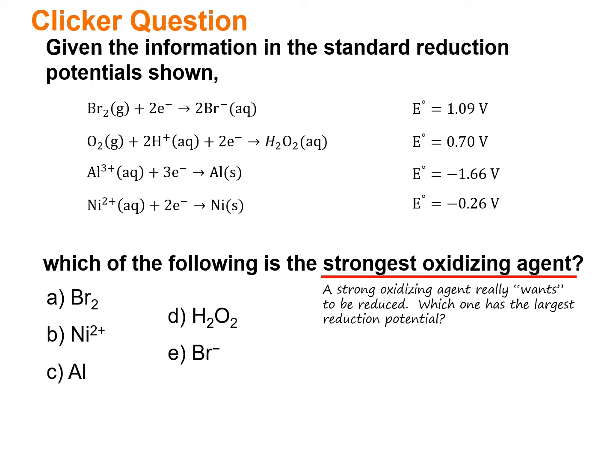Remember delta G is negative nFE, so if something has a really large E, then it's going to help delta G be spontaneous. So if we want a strong oxidizing agent, we're looking for a really large value for the reduction potential. And these are all reduction potentials that we see above. We just look for the biggest value, and that's going to be bromine in this case.